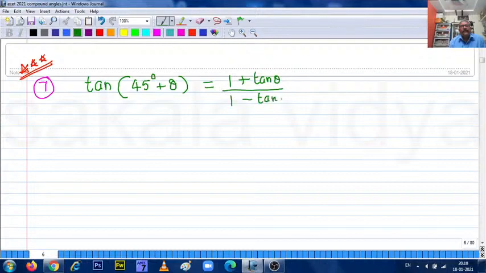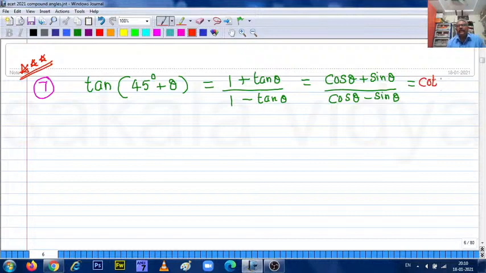This is the same as cos theta plus sin theta upon cos theta minus sin theta. This can be expressed in terms of cot also. This is equal to cot of 45 degrees minus theta. Both are the same.